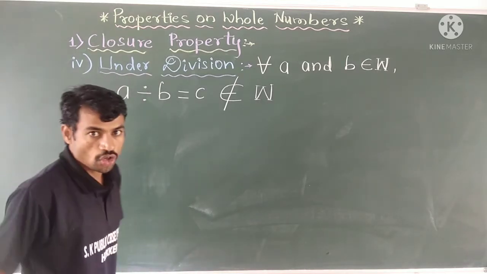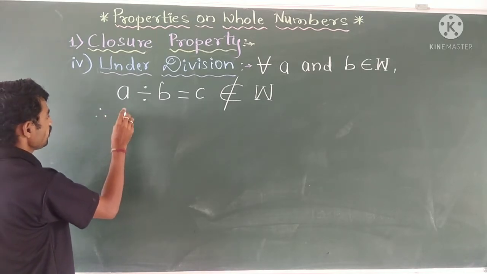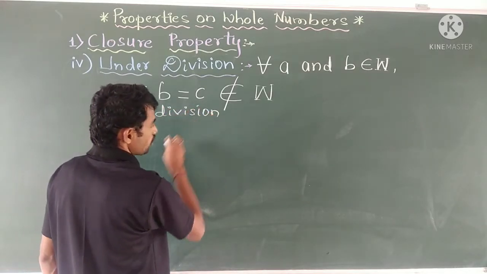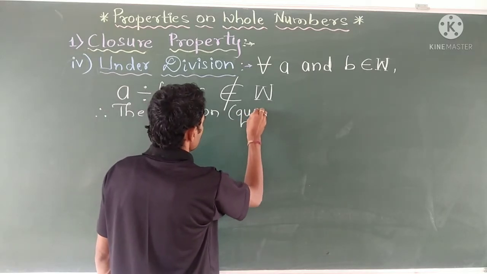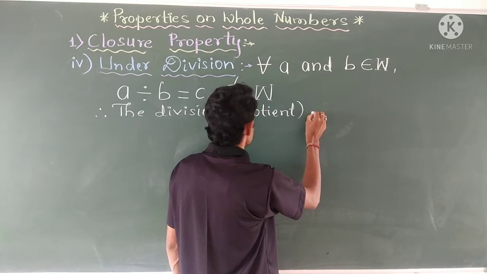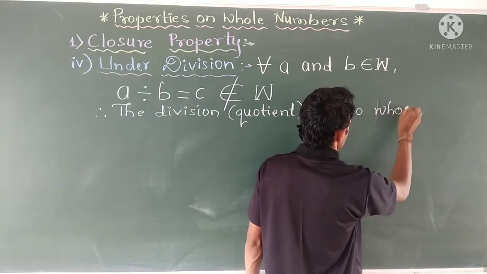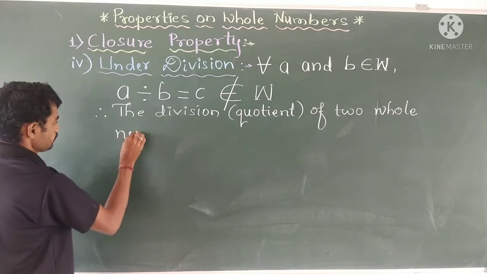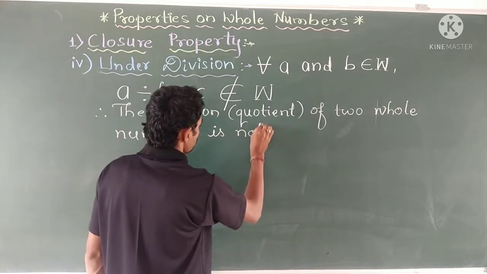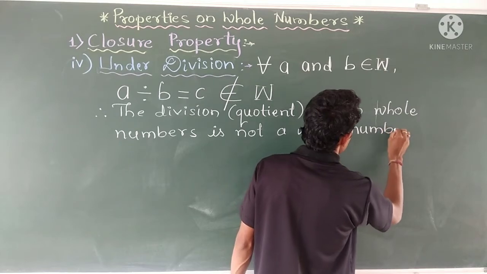Therefore, the division, that is the quotient, of two whole numbers is not a whole number. Only sometimes it will be applicable.